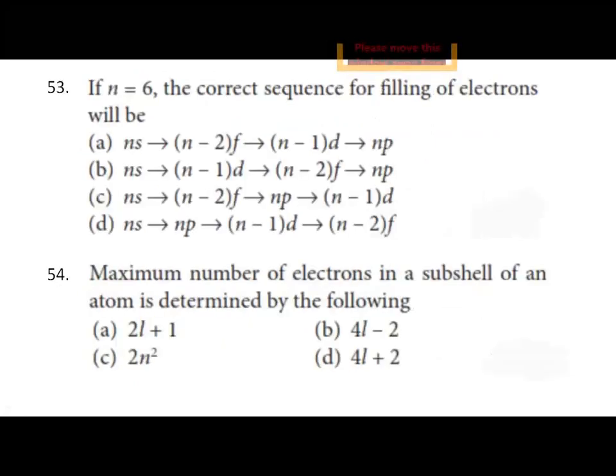Okay. If n is equal to 6, the correct sequence for filling the electrons will be. They are saying n is equal to 6. The correct sequence for filling the electrons. First, which orbital will be filled?